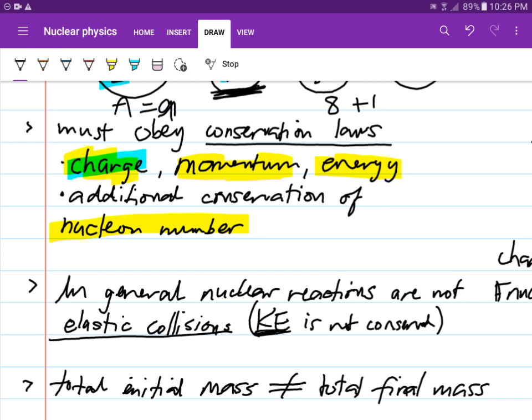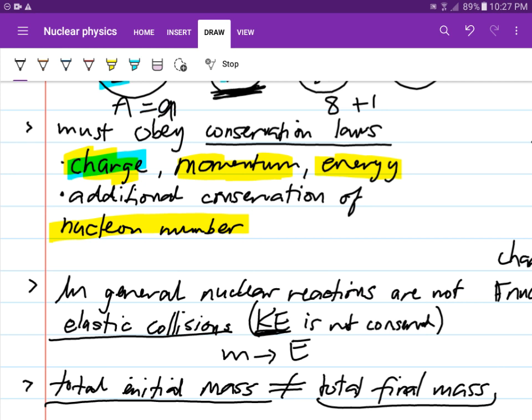And more importantly, we know that in nuclear processes, the total initial mass is not always equal to the total final mass. Some of the mass is converted to energy, and vice versa.